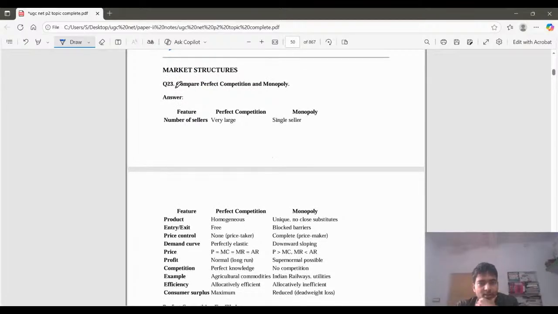Now compare perfect competition with monopoly.